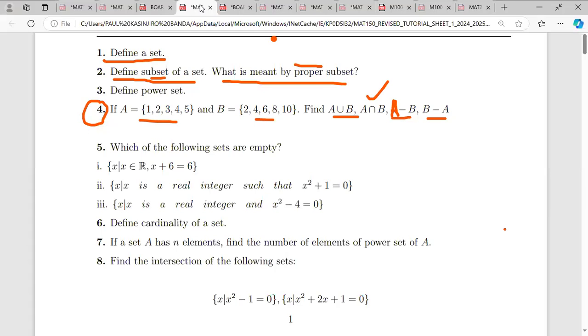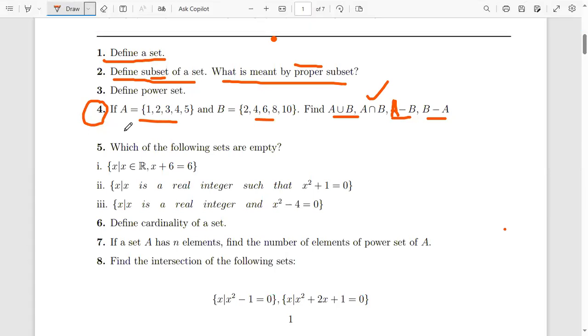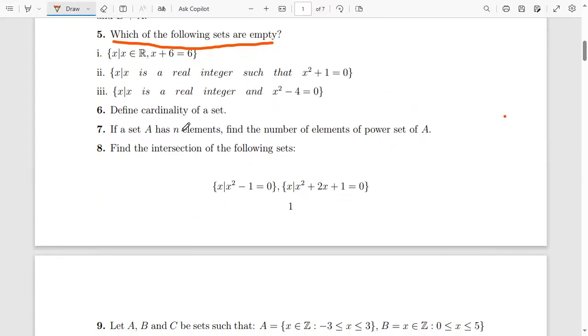Okay, so what has question 5 for us? Question 5, we are looking at which of the following sets are empty.